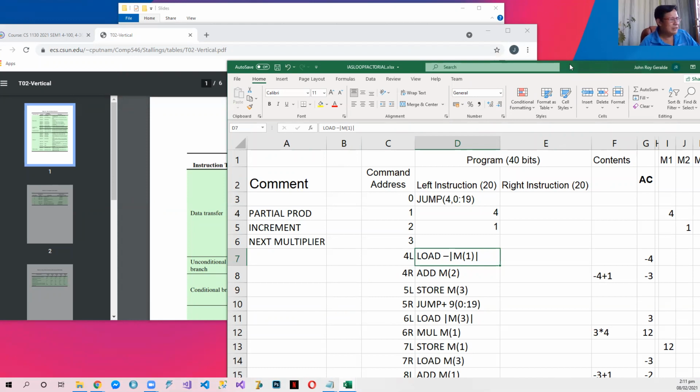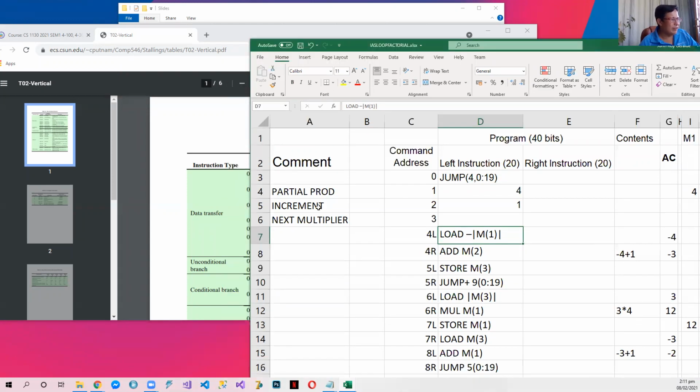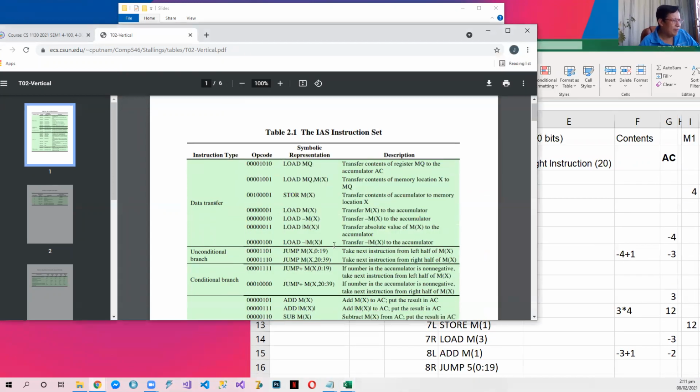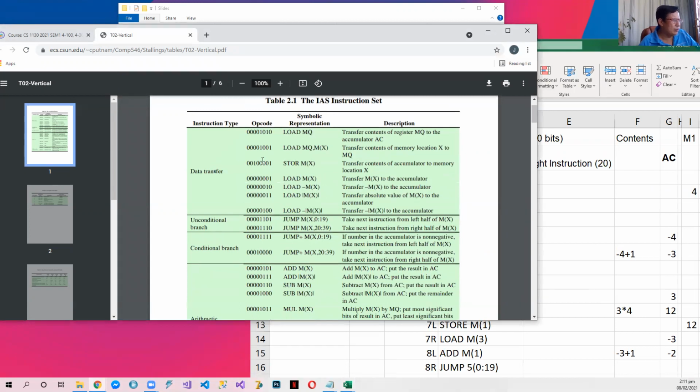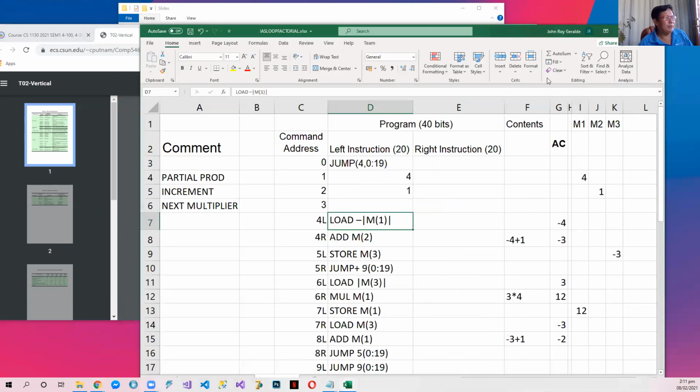What is load? Negative of absolute. This is the 7th instruction. We will convert the value to negative and store it to the accumulator. Do you follow? That's why there's such an instruction.